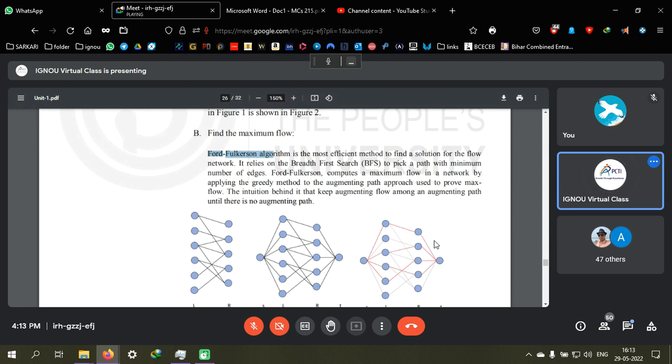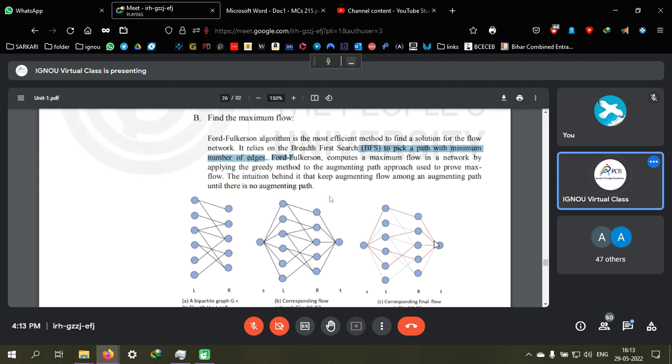In this, you can apply BFS to pick a path with the minimum number of edges. So this algorithm computes a maximum flow in a network by applying the greedy method to the augmenting path approach used to improve a maximum flow.